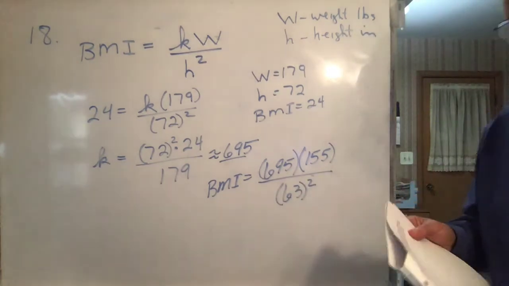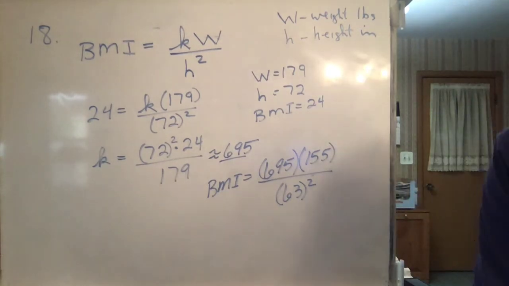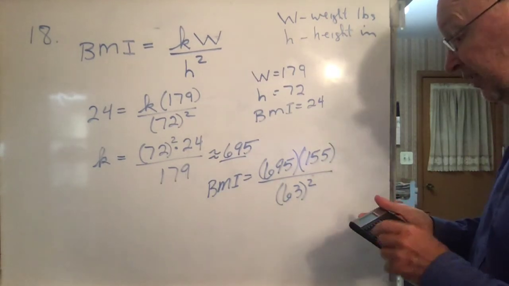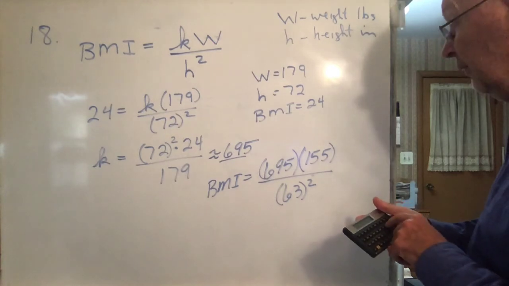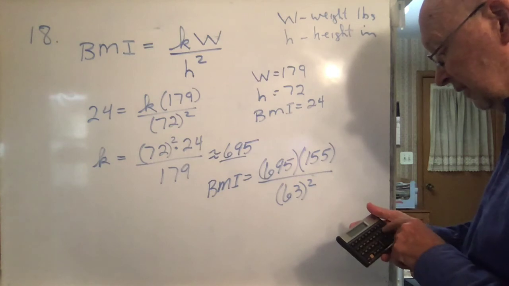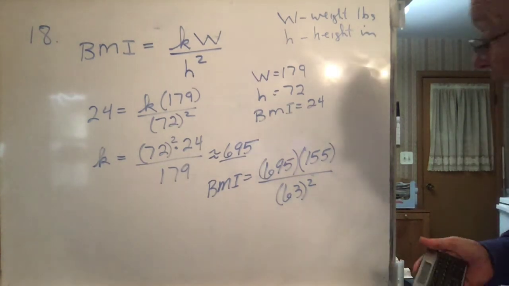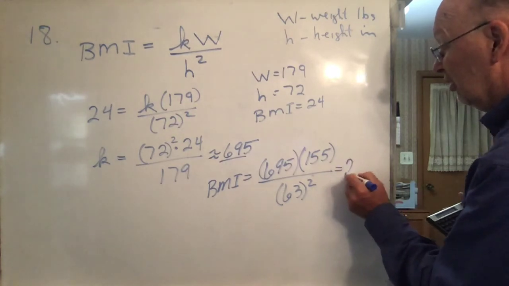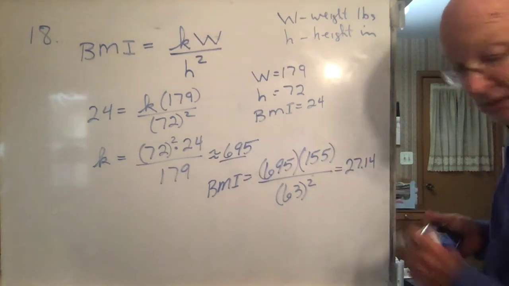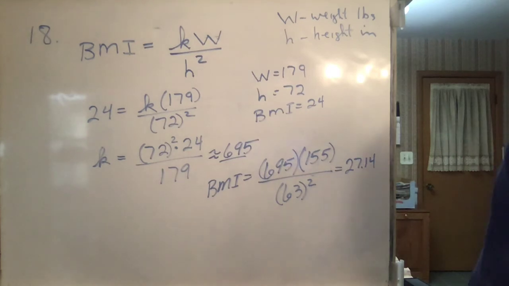And so we square that again. And when we do that, what do I get? Again, I have to use my calculator. So it's going to be 695 times 155 divided by 63 squared. 27.14 is what I get. And let's see if that's an answer. Yep, it comes close to 27. Okay, very good. One problem left.